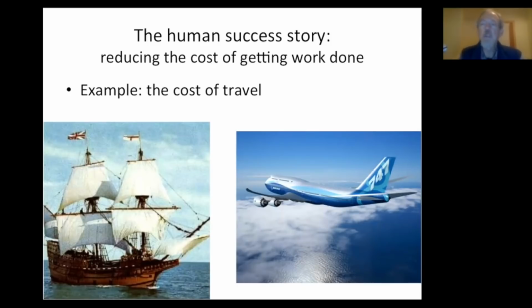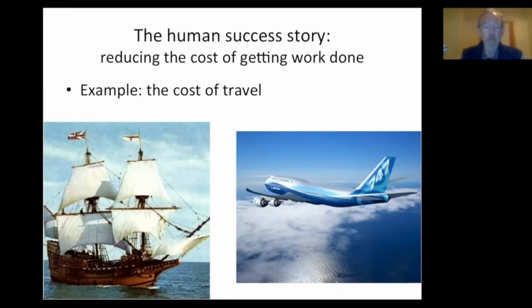And then we domesticated animals. So for several thousand years, we used animals as a source of energy, as well as firewood. And then a few hundred years ago, we started using coal. And then a little over 100 years ago, we started using oil. And this has drastically reduced the cost of getting work done because fossil fuels are so cheap relatively.